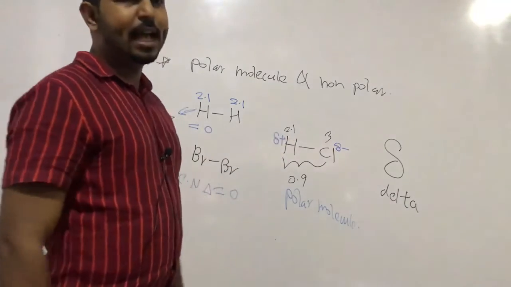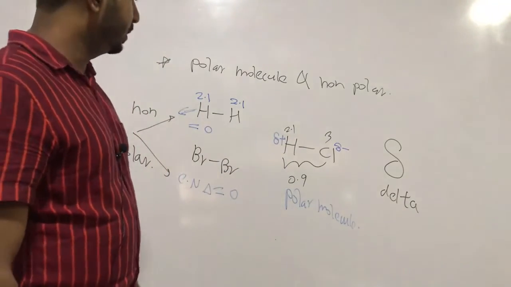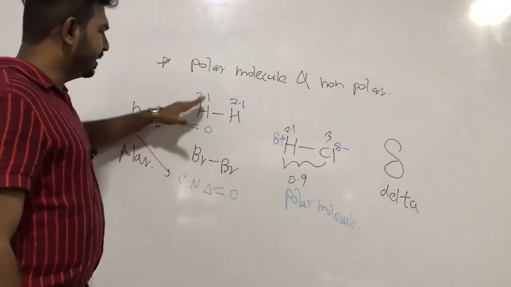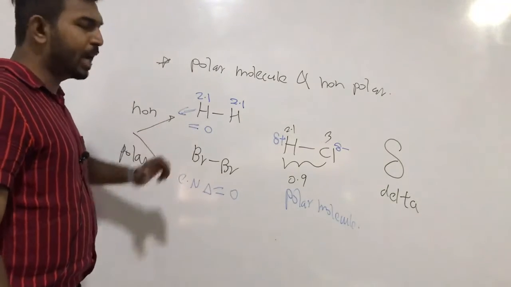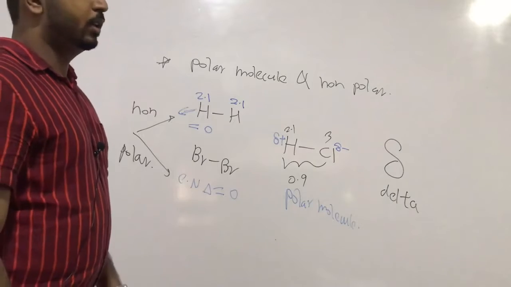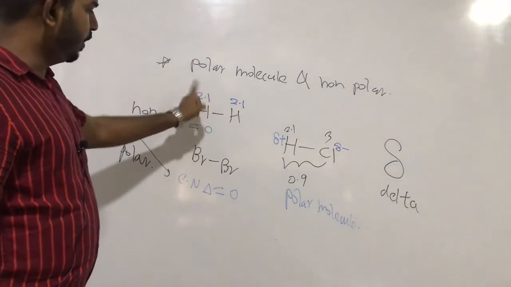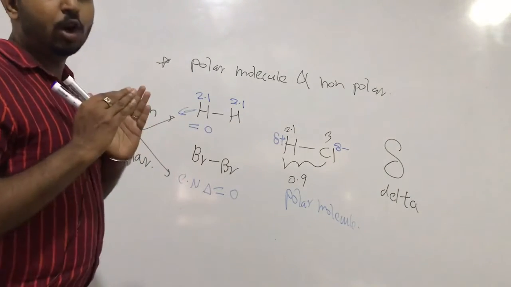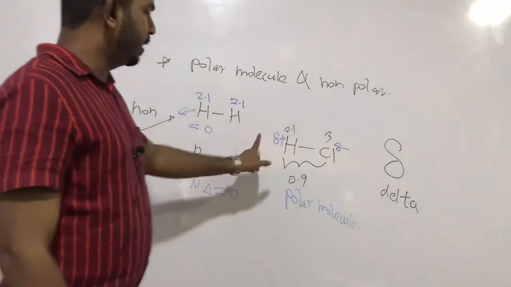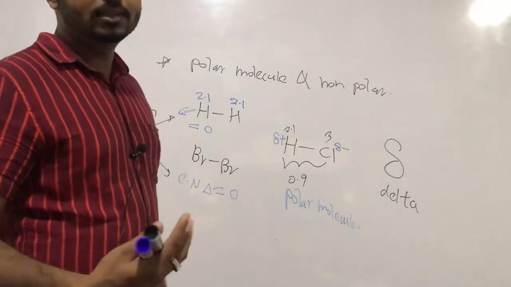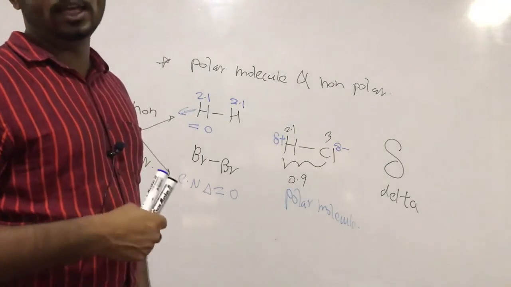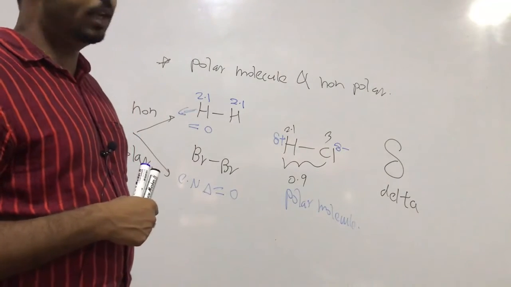And we call this other type non-polar molecules. When there is no electronegativity difference between two atoms, those are non-polar, and when there is an electronegativity difference, those are polar molecules.